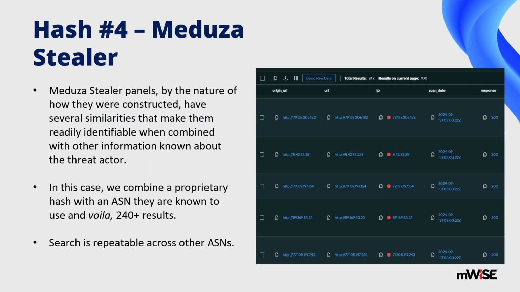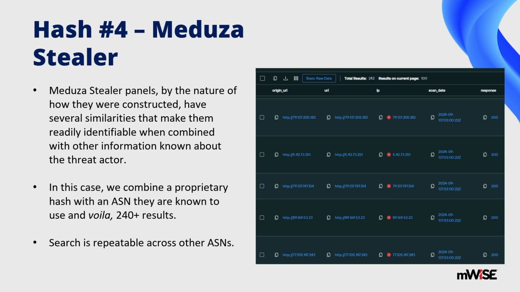Now, their panels, by the very nature of how they're constructed, have several similarities, and we can use these similarities to identify them. Doesn't matter who they sold to or what the person that they sold to is using to generate their malicious campaign of whatever it is. If they're using a Medusa Stealer panel, we can track them.